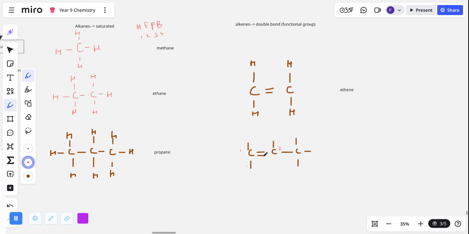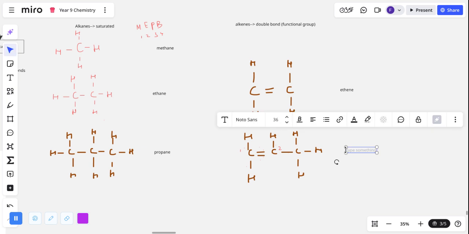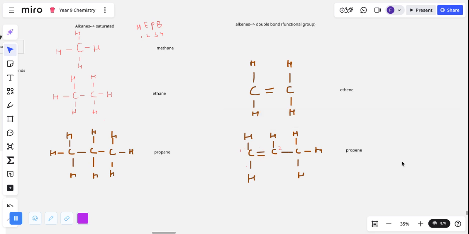This is carbon number 2. 1, 2, 3, 4 bonds. And the last one in the corner. Once I've done that, I just put my H's in. This is 3 carbons, so it starts with MePB, P3, prop. But instead of ane, this is an alkene.